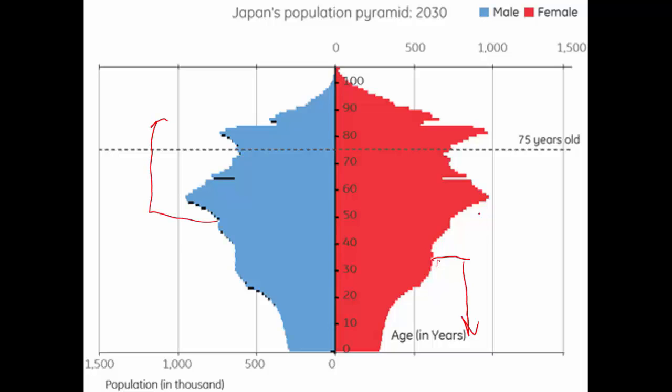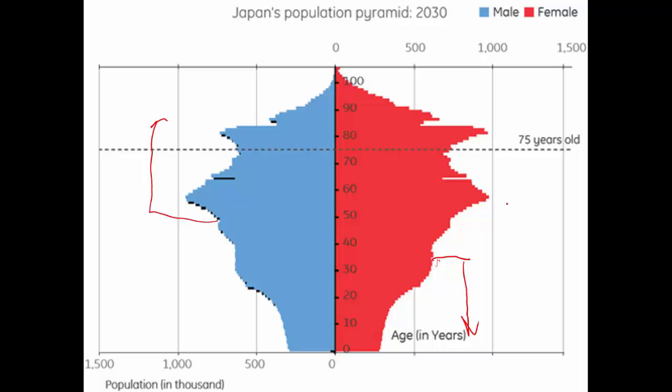You can see this shape is unsustainable because there's no base. There's no base for young people to take care of these people. These people here do the work. These people up here are almost past their working lives or working capability.